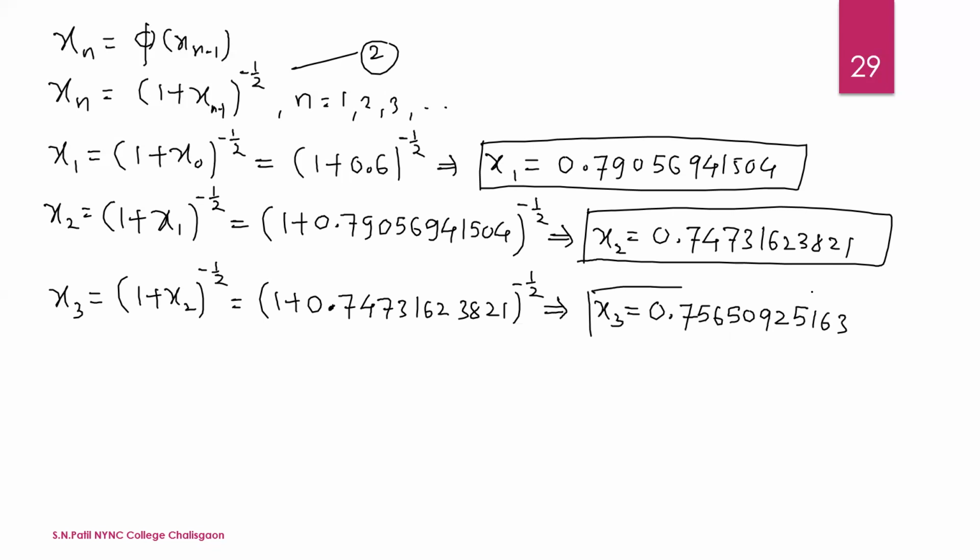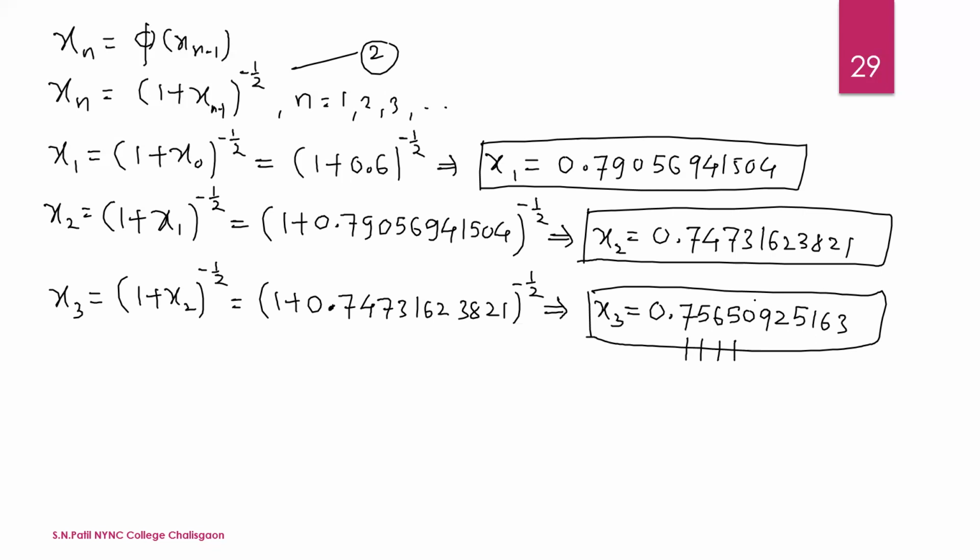Now the question is only for 3 iterations. Perform only 3 iterations. If we want to correct this value up to 4 significant digits, then count the 4 significant digits: 1, 2, 3, 4.